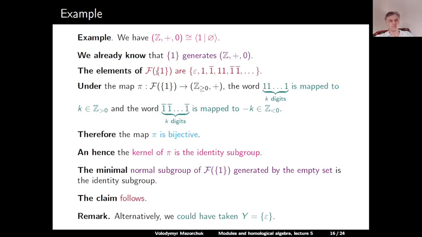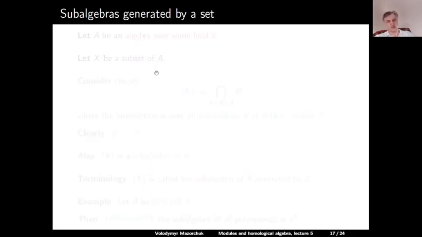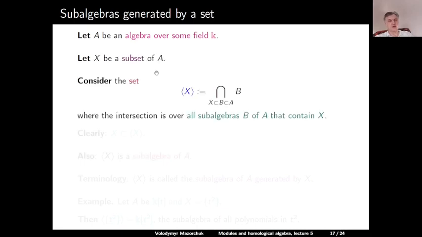which is epsilon. Finally, let us talk about generators and relations for algebras. Let A be an algebra over some field K, and let X be a subset of A. Now we can consider the intersection of all subalgebras B of A which contain X. We denote it as previously ⟨X⟩ in these triangular brackets.